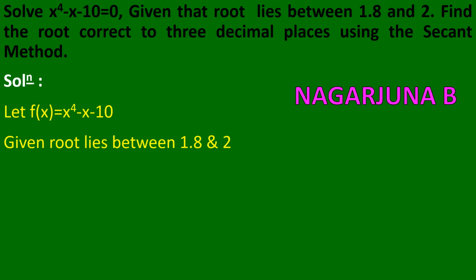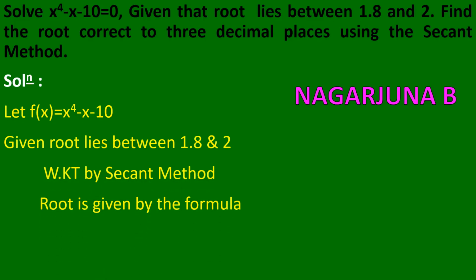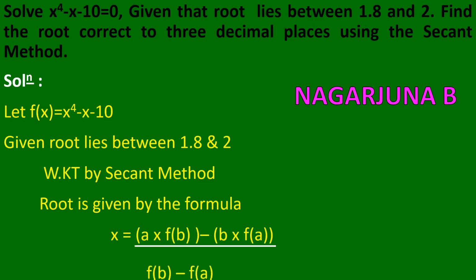We know that in the secant method the formula is given by x equals a into f of b minus b into f of a, divided by f of b minus f of a, where f of x is x to the power 4 minus x minus 10, and the root lies between the interval 1.8 and 2.